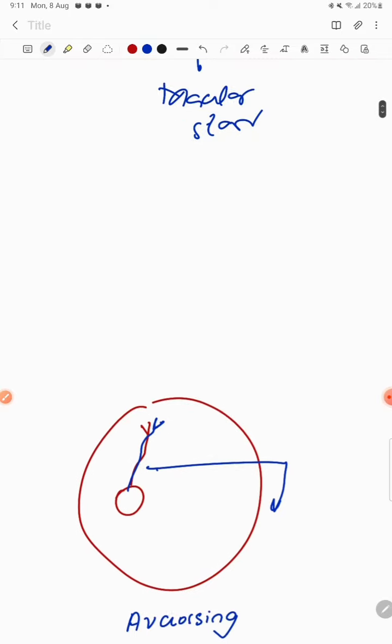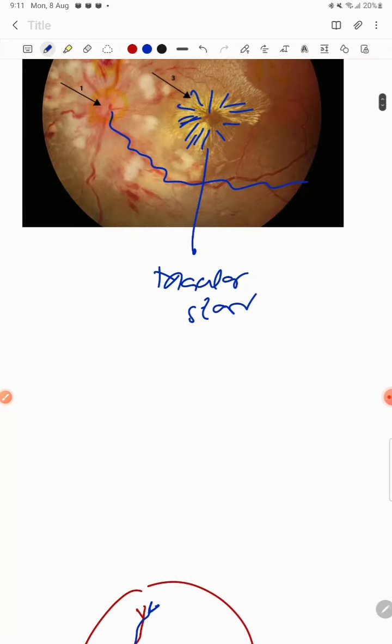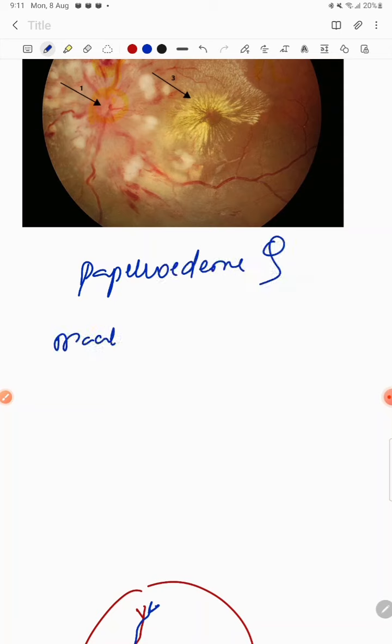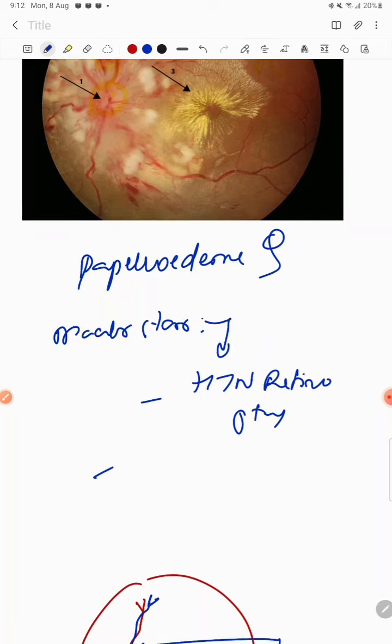Now, important MCQ: what is the difference between papilledema and hypertensive retinopathy? In papilledema, you don't have this macular star, whereas the macular star is present in hypertensive retinopathy and neuroretinitis.